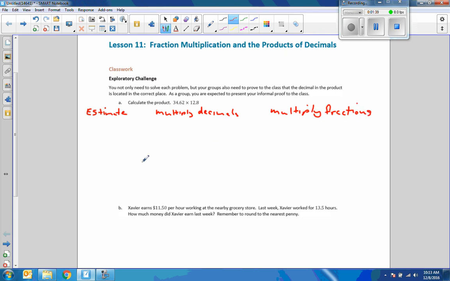Okay. Now, we did some exploratory stuff in class Thursday, and to save time, I just want to let you know that if you take 34 times 12 and then add 0.62 times 0.8, it does not equal 34.62 times 12.8.